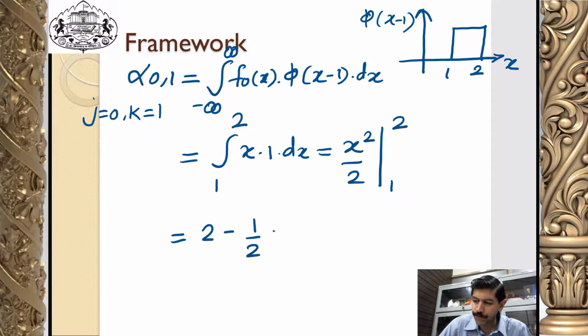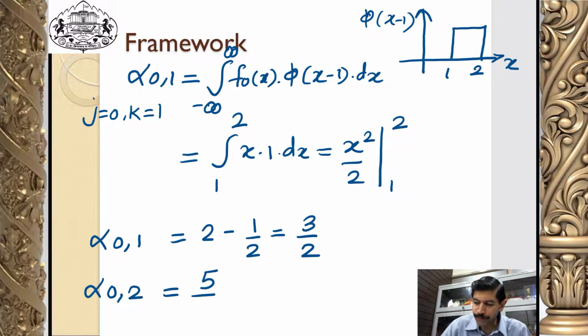So 2 minus half, which is 4 minus 1 over 2, and that is 3 by 2. So this is my alpha 0 1. I would encourage readers and viewers to confirm that similarly alpha 0 2 will be 5 by 2.